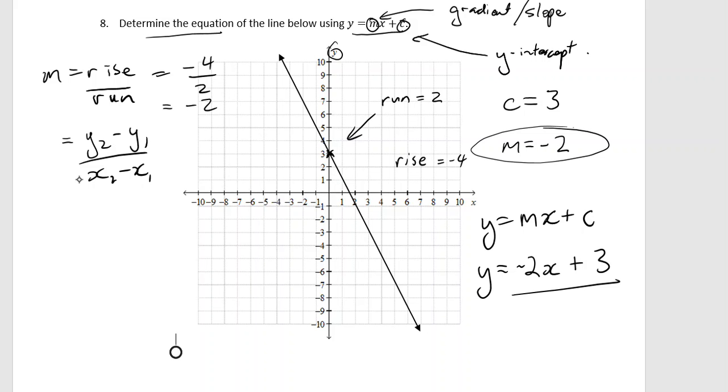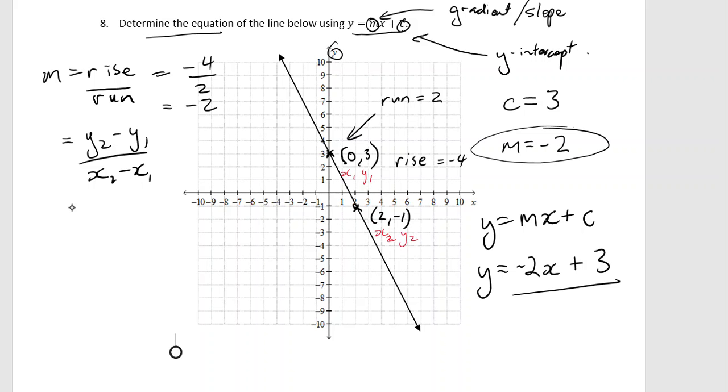Now the same can be done if we're using this fancy version of the formula. When we use the fancy version of the formula, we're actually labeling the points. So this point here is (0, 3). This point here is across 2 and down 1. Now, if we're going to use that fancy version, which it is nice for you to know, you would label them x1, y1, x2, y2.